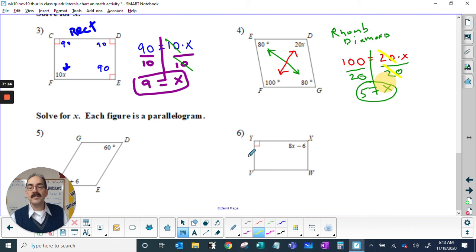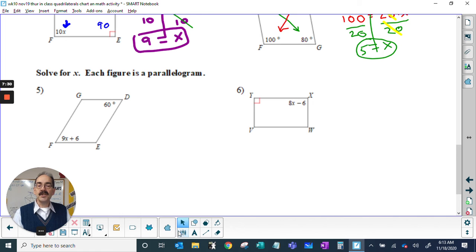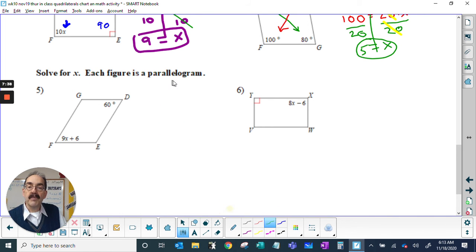Okay, let's go on. Now we have a parallelogram. My head is in the way. Actually, you know what I could do? I could extend the page. All right. So, again, we think of our properties of a parallelogram. What are the properties of a parallelogram? We know that the opposite angles are equal.